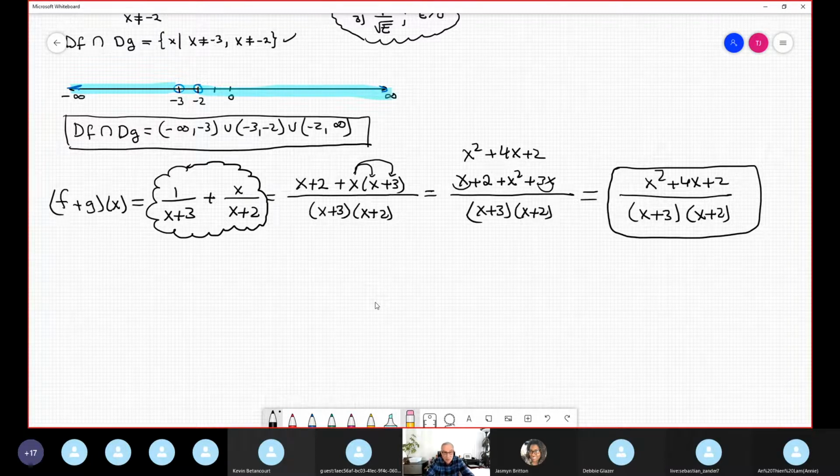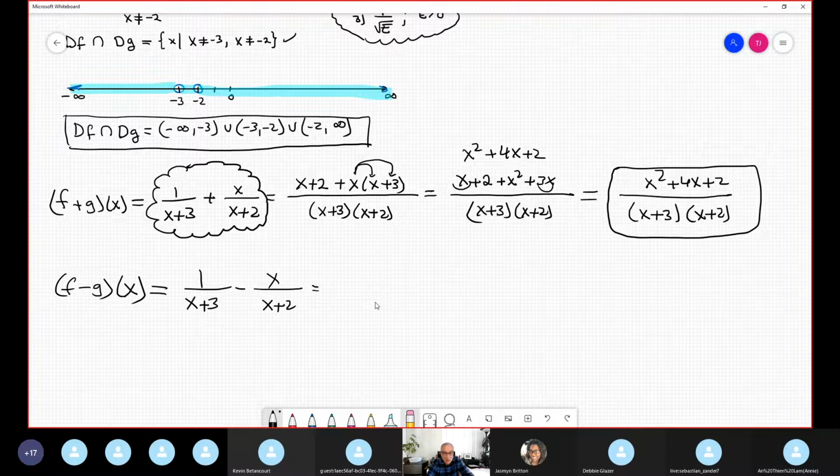However, you have two separate fractions. With algebra you can condense them into only one compact fraction, with only one numerator and denominator, not two separate. Let's do f minus g. It's exactly the same: 1 over x plus 3 minus x over x plus 2.